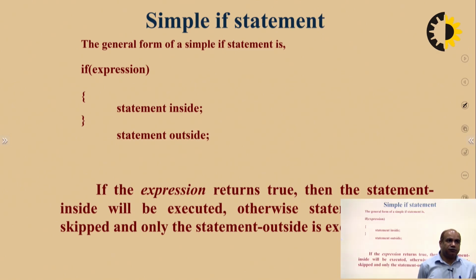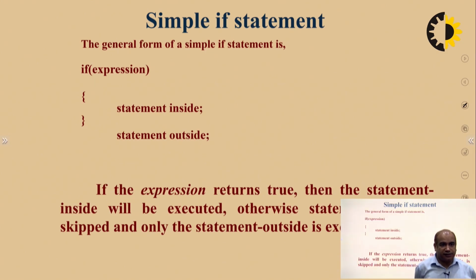The general form of the simple if statement is: if, then the condition or expression, then we write a block for a particular statement, and this is the code that will be written outside the block. So if is a keyword. If will test the condition, or we can say the expression, written inside the parentheses.